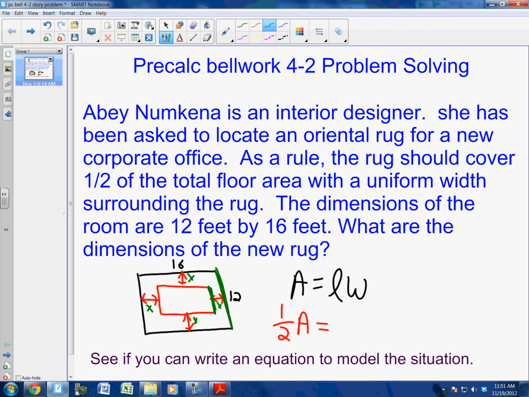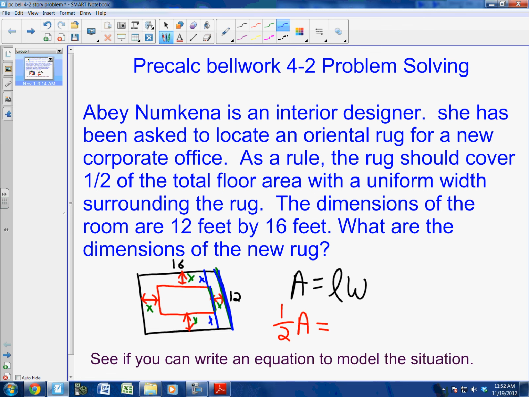Watch this, you guys. Look, right here. How long is this distance from here to here? X. How long is it from here to here? No, we don't know. Well, the distance from here to here is the expression of this much right here, this outside 12, minus that X and that X, isn't it?